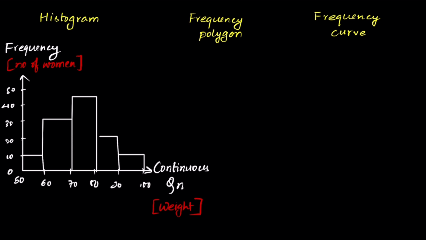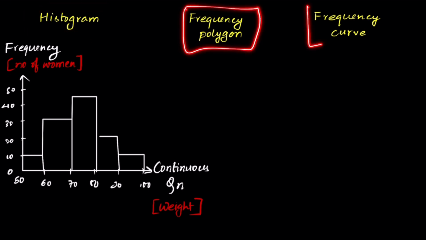That's why the frequency also was shown with the help of bars that are connected with one another. And this right here, a graph used to represent continuous quantitative data using x and y axis, is what we call a histogram.